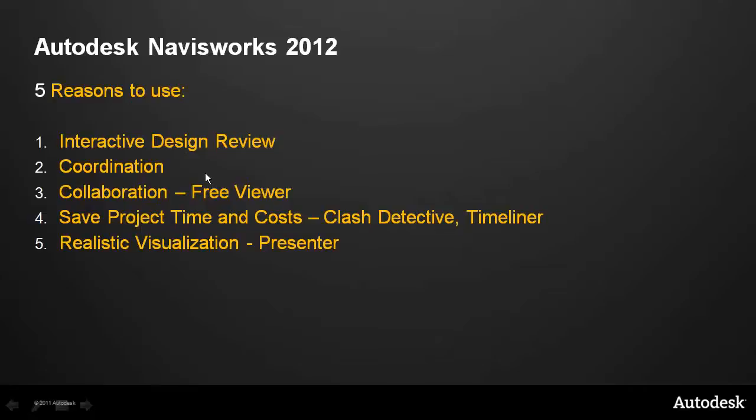Coordination is that, using the example of Revit, you could have Revit Structure, Revit Architecture, Revit MEP, but you can bring information together from different disciplines so that you can see it all in what would be the final context.